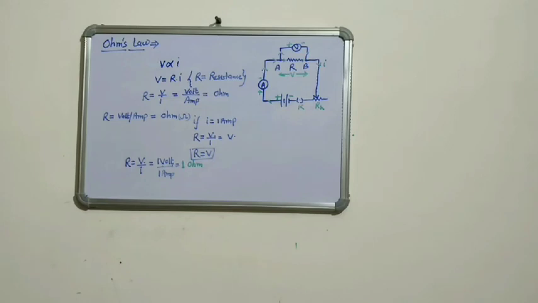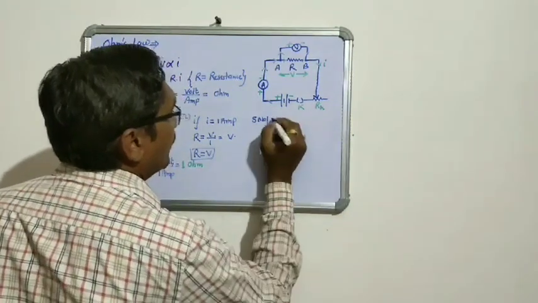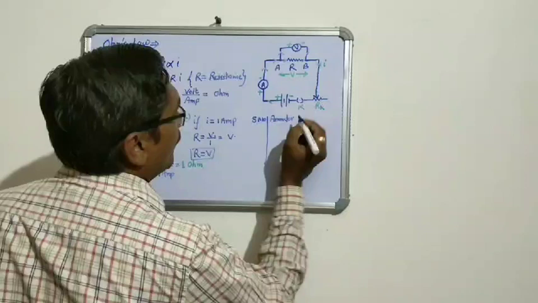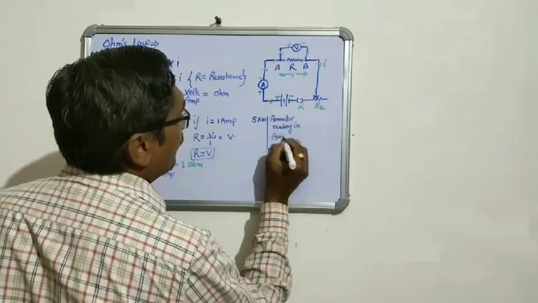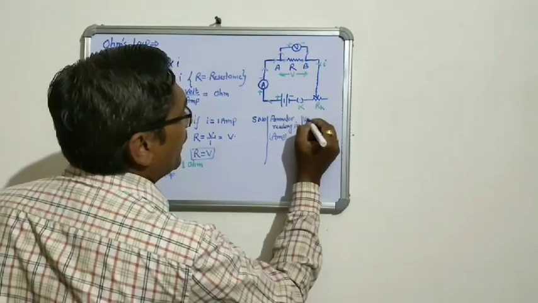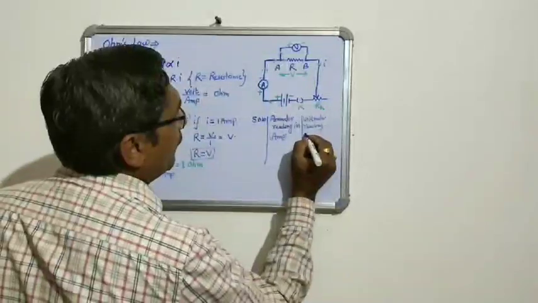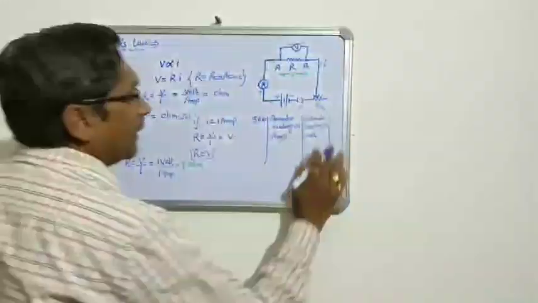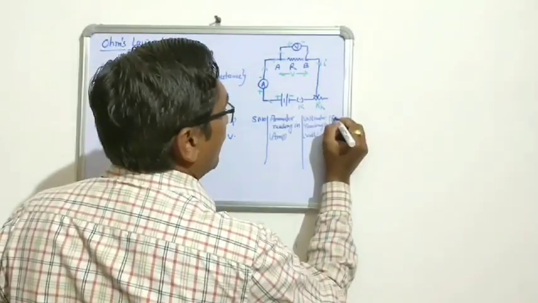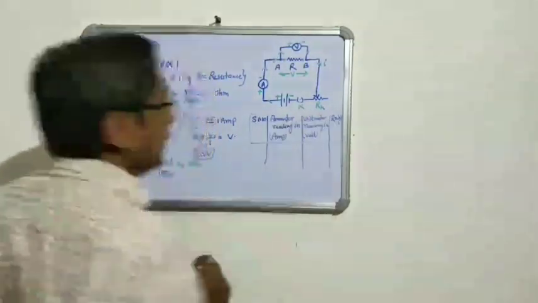Now experimental verification. We draw a table here: serial number, ammeter reading in ampere, voltmeter reading in volt, and here R equals V upon I. Okay.